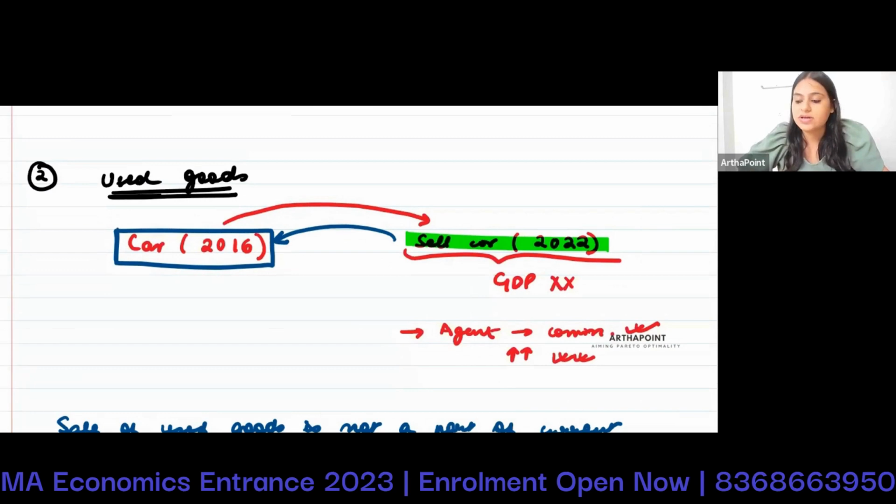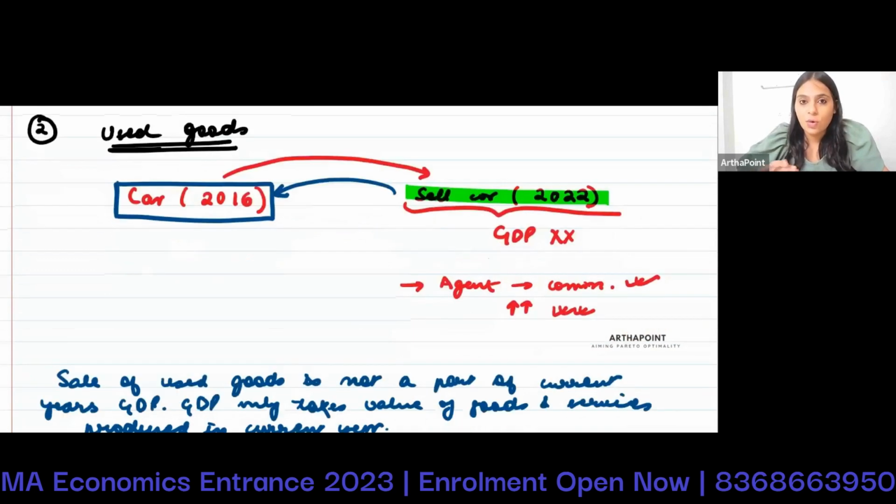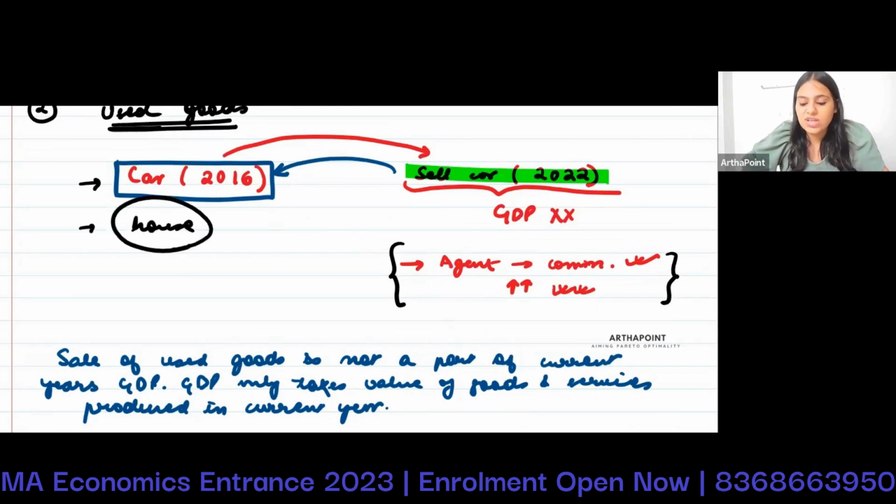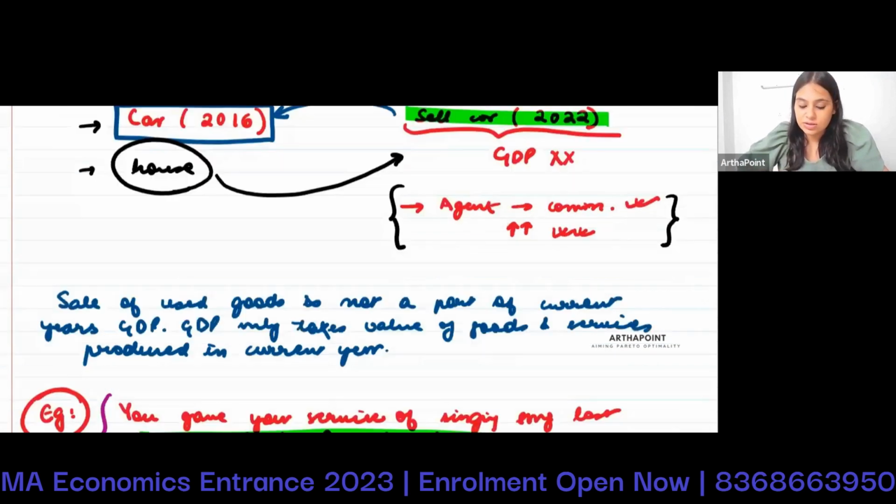So you would not account for that in 2022. Only if any additional income is produced, like this, you will account for that in GDP. Not anything related to the car, because ultimately you're realizing the value of the car only. Same, they give example of houses. So you purchased a house and then you sold that house 20 years later, your ancestral property, not accounted in GDP. It should be accounted only in the year it was produced. That's it, not later.